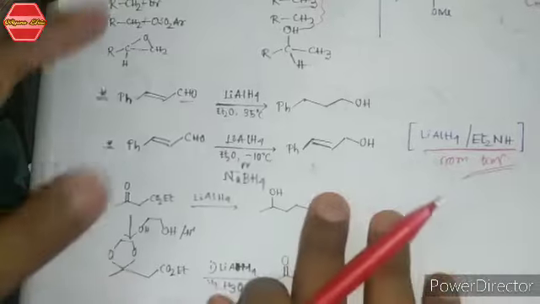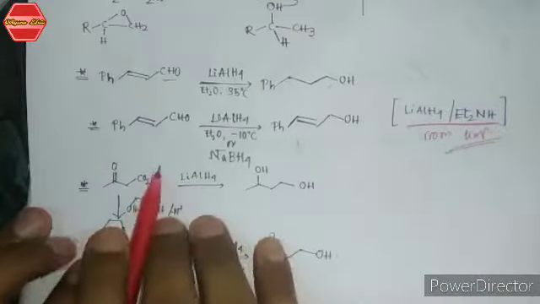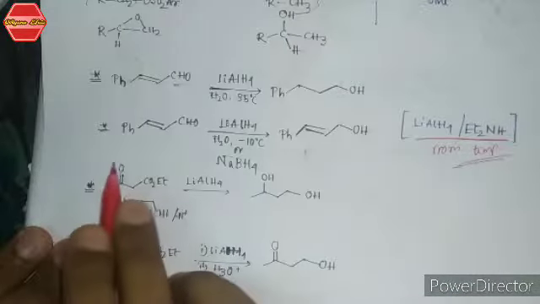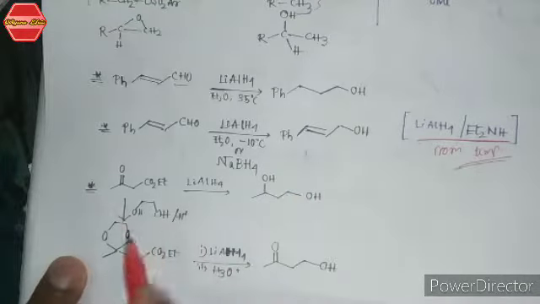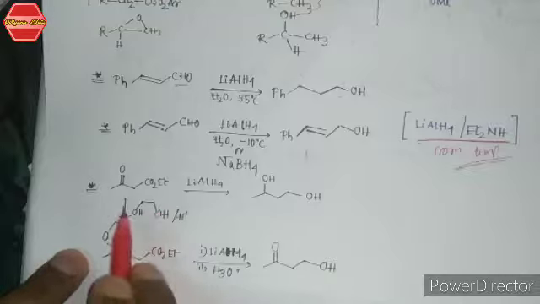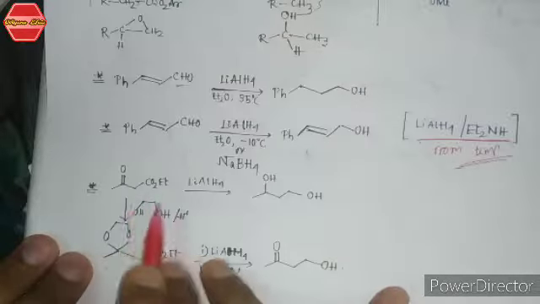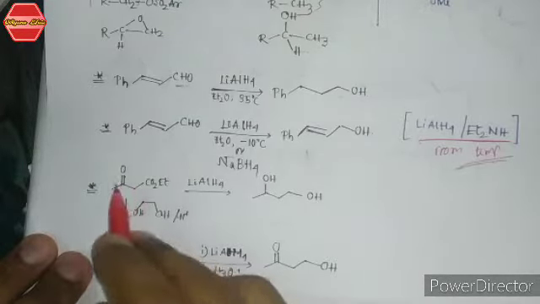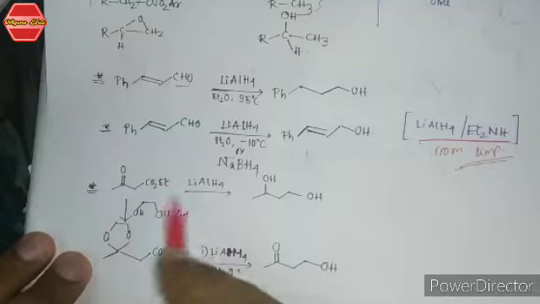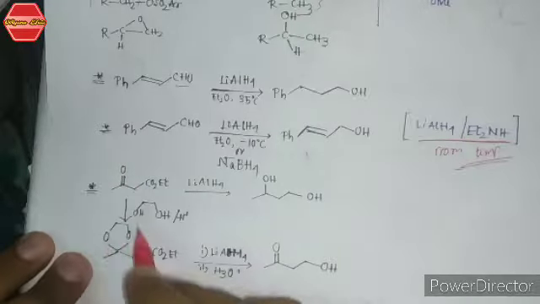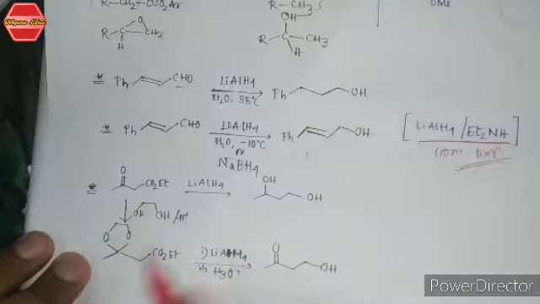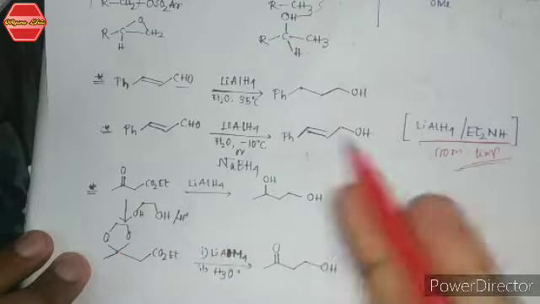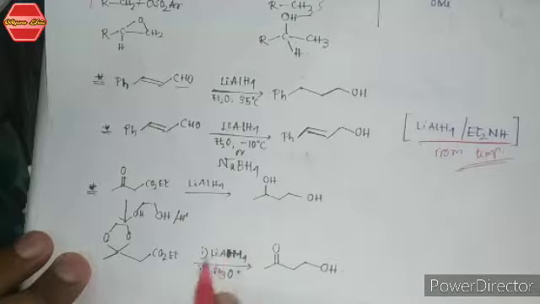The process is to protect this ketone. We all know how this protection reaction takes place: we use ethylene glycol in presence of acid, which is a protecting reagent for this ketone. Then if you further use lithium aluminum hydride, you can get this alcohol.